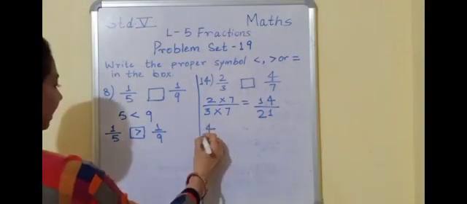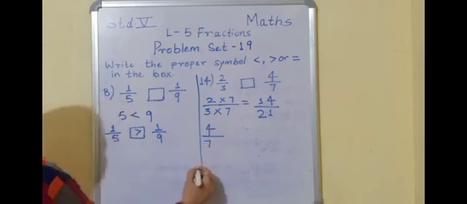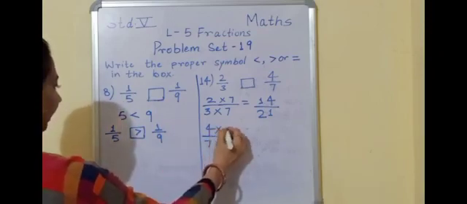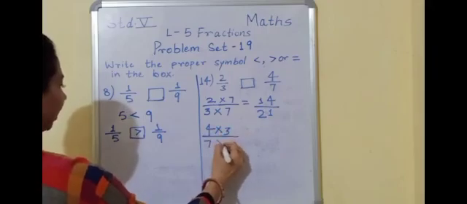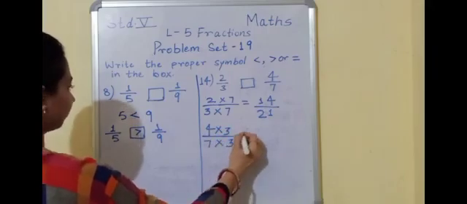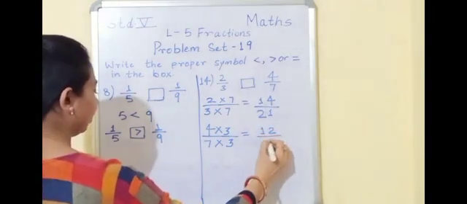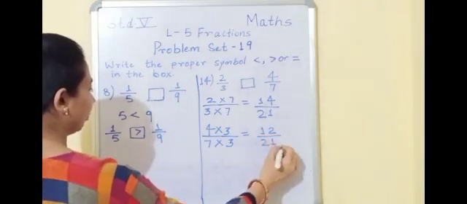Now taking 4 by 7, as 7 threes are 21, so multiplying the numerator and the denominator by 3, we get 12 as the numerator and 21 as the denominator.